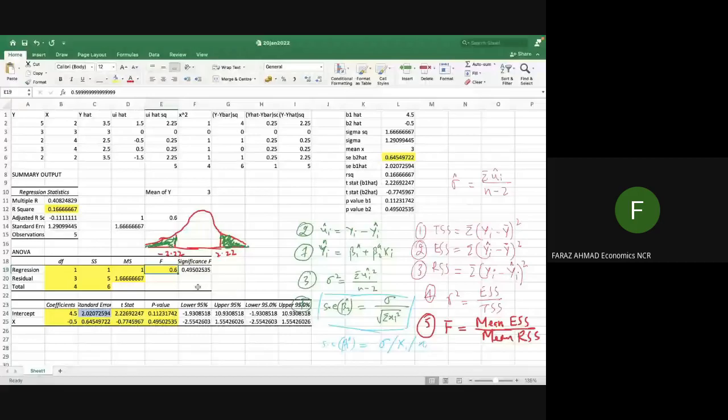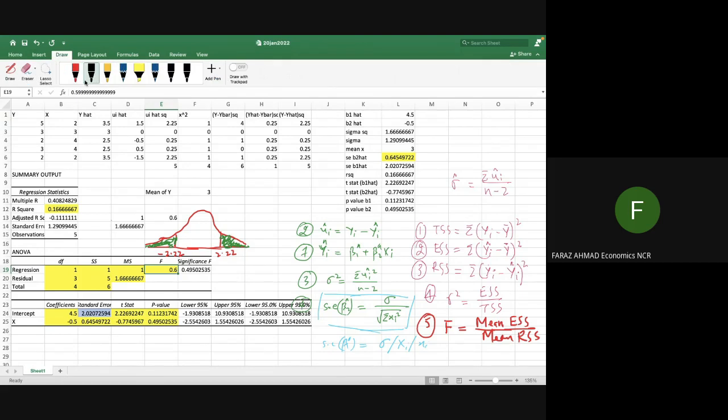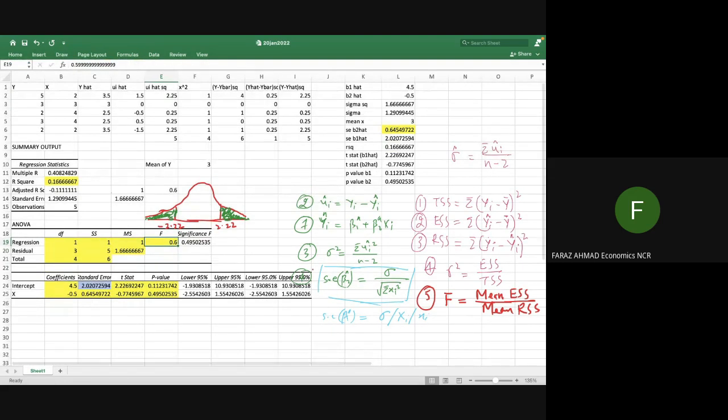So we have calculated this. Now this thing is nothing but the p-value of the F statistic. As we have a t distribution, we have an F distribution also, and we have a p-value of the F distribution also.